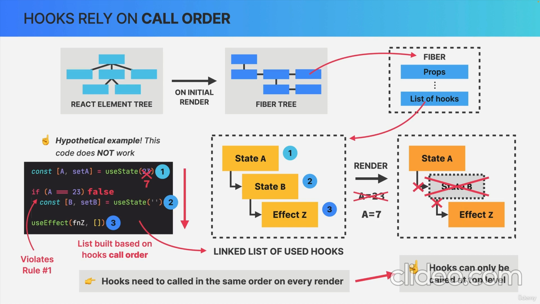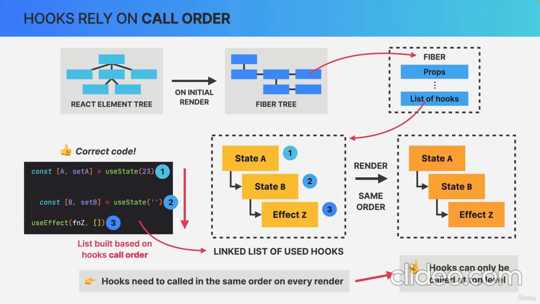So following this rule, the code and the list of hooks would look just like this. So without any conditionals in the code and with the list of hooks always in the same order. Now, of course, this opens up the question of why even bother having this linked list if it requires this strange rule to exist?